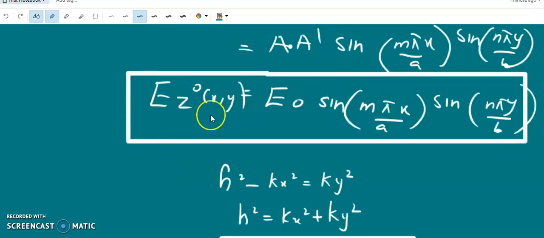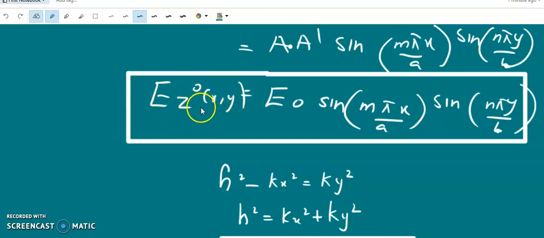So we have found Ez0 here, and for TM waves we know that Hz0 and Hz are zeros. Ez is Ez0 multiplied by e to the power minus gamma z, which gives Ez as a function of x, y and z.